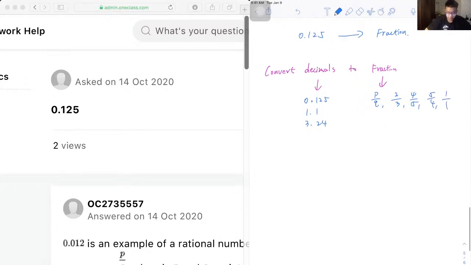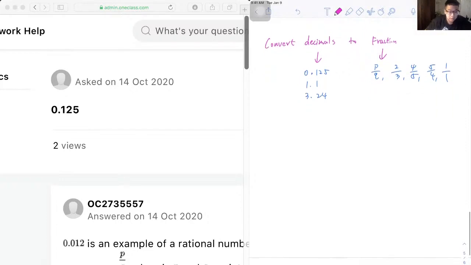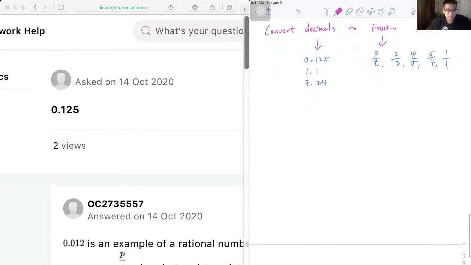So those are fractions. Okay, so in terms of converting decimals to fractions, our first step will be counting the number of decimal places to the right of the decimal point.